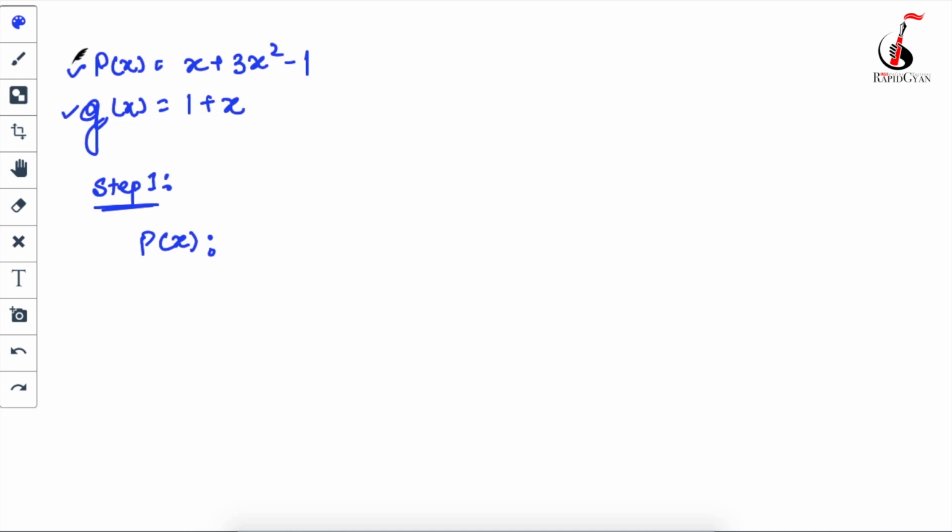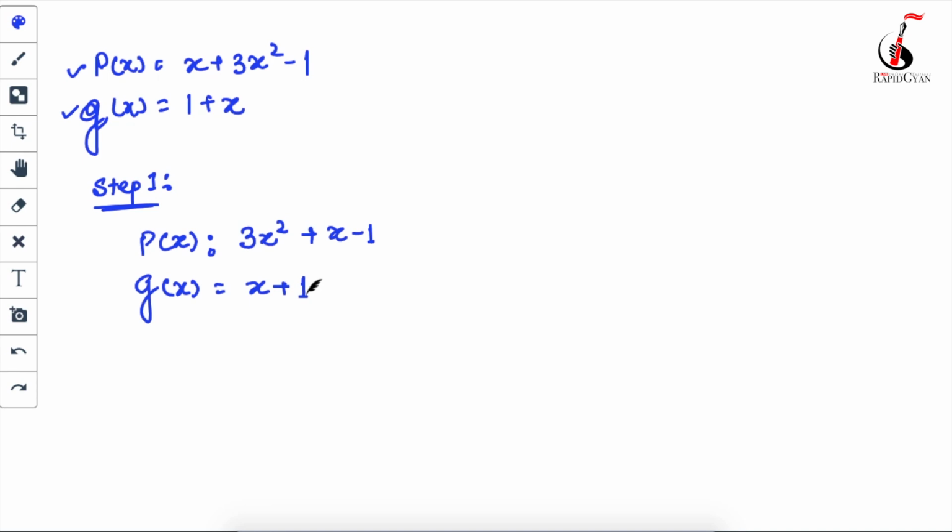So if I arrange this p(x), what will I get? 3x square has the highest power or highest degree, then plus x and minus 1. In case of g(x), I will get x plus 1. So this is the first step you will have to do: convert these polynomials into standard form if they are not already in standard form.